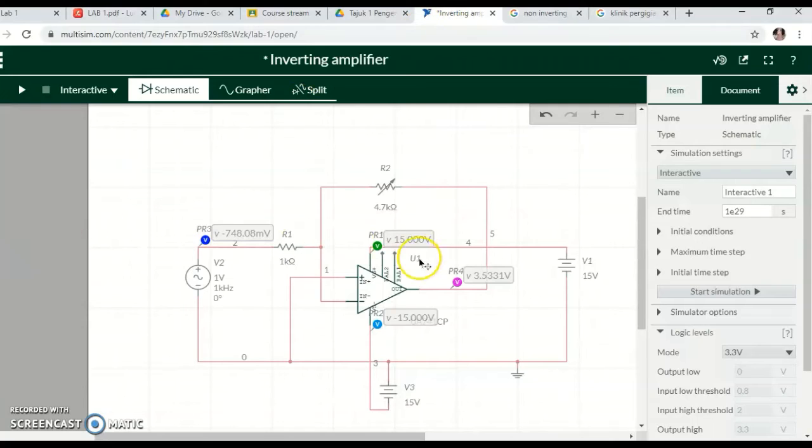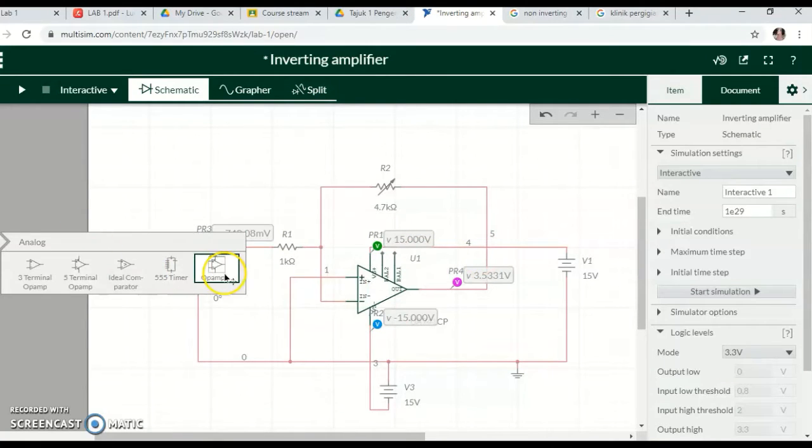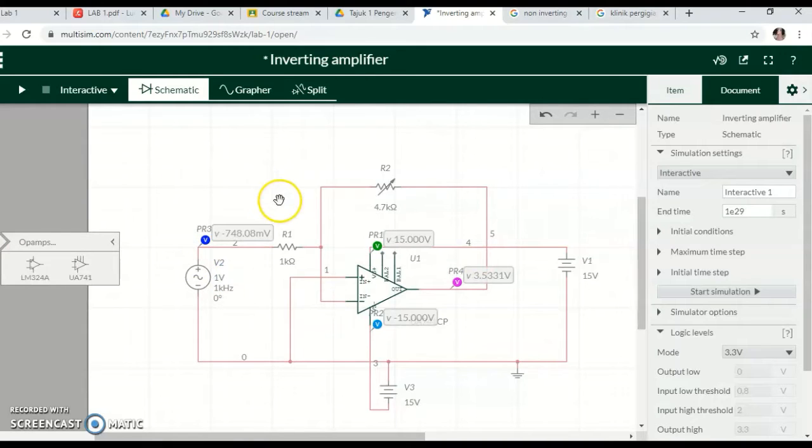To put a component, we need to choose an op-amp. Just click op-amp and choose UA741 as the op-amp. After you choose the component, then connect the junctions according to the circuit given in lab 1.